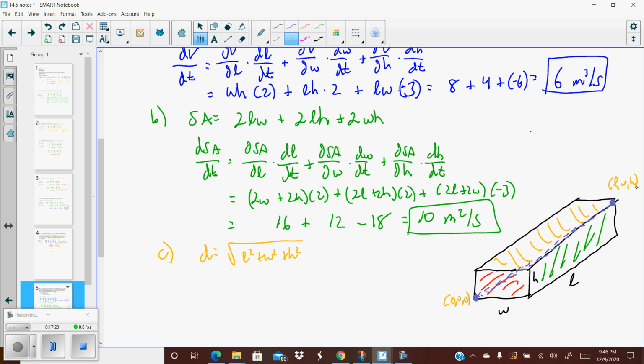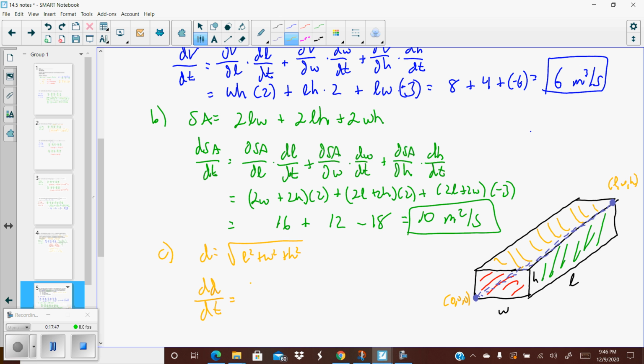Okay, so now we want to find the full derivative of the length. Let's use a capital L for length. Or no, let's just use D for diagonal. We'll call it D. With respect to time.